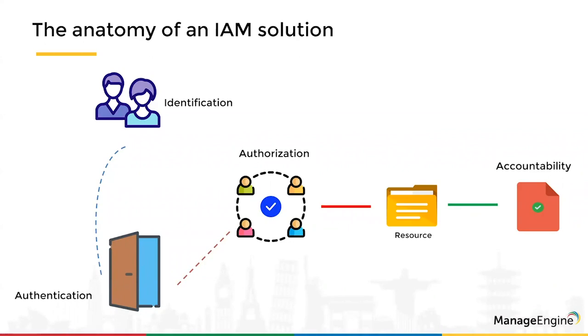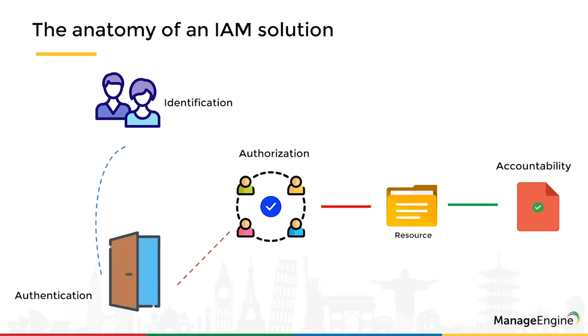Then, according to the resources that they touch based on their privilege, they stand for accountability. So this is where your identity access management solution or practice should fall into the picture. It has to cover authentication, authorization, and accountability.